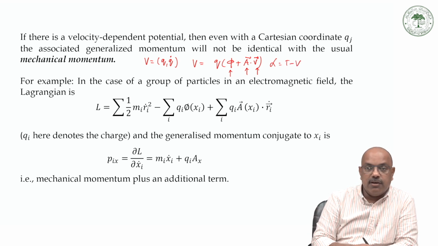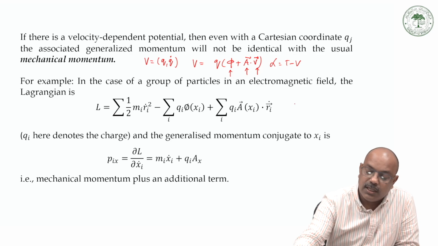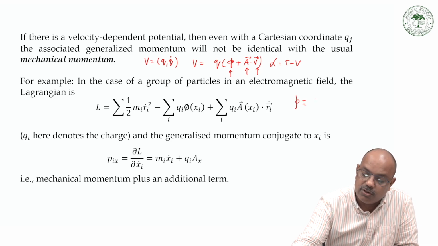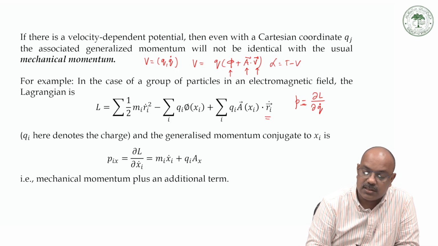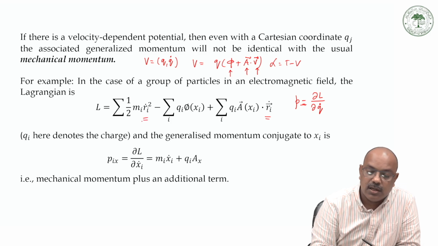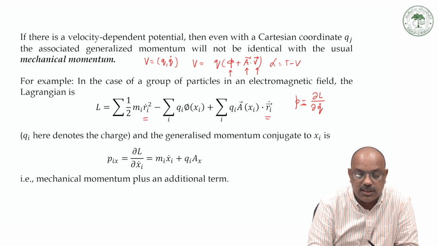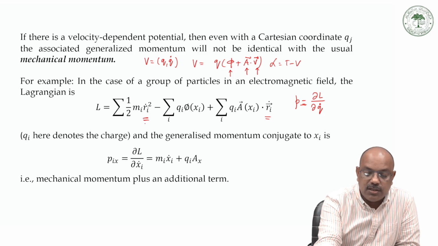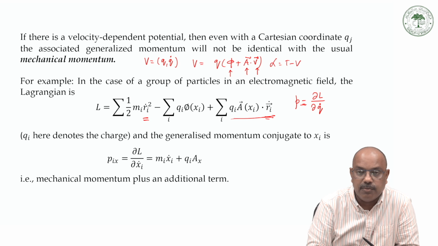So if I try to find the conjugate momenta, that is p, it is going to be ∂L/∂q dot. Here q dot plays the role of r dot, because I'm going to have the kinetic energy as well as the potential energy. In the kinetic energy I'm going to have velocity, and in the potential I'm also going to have velocity.